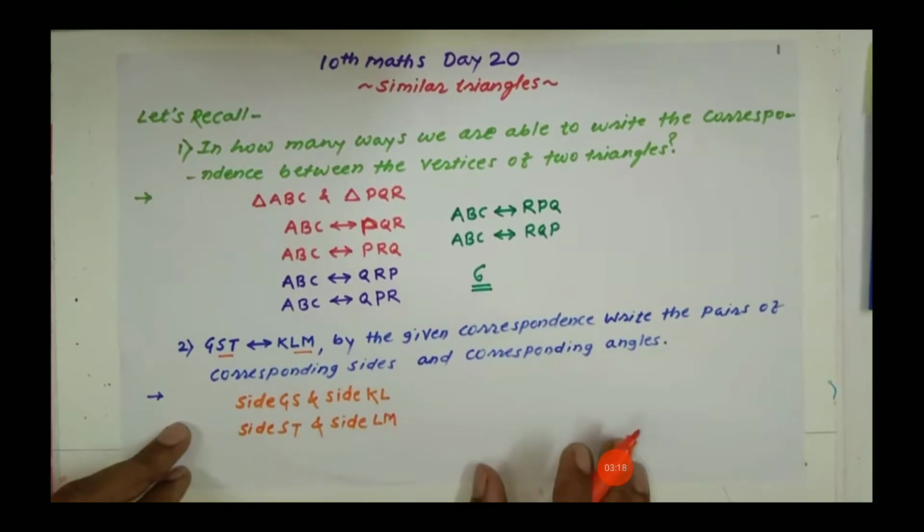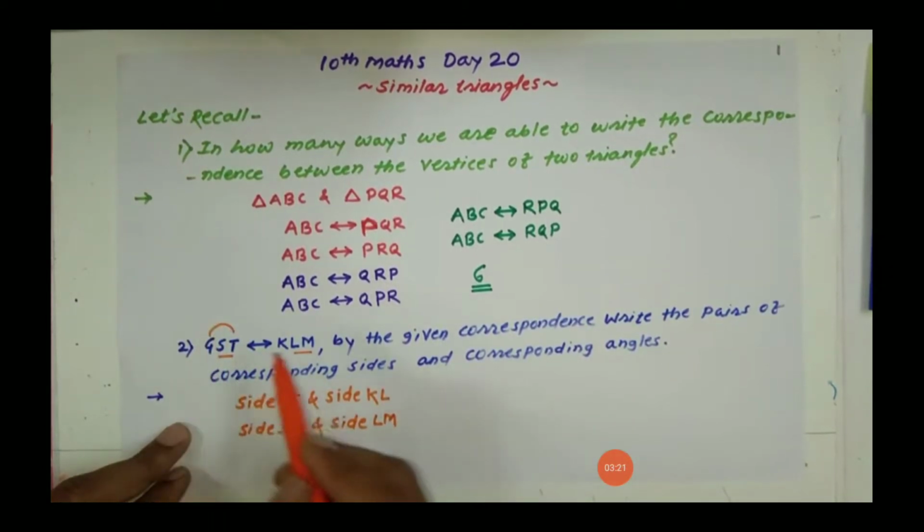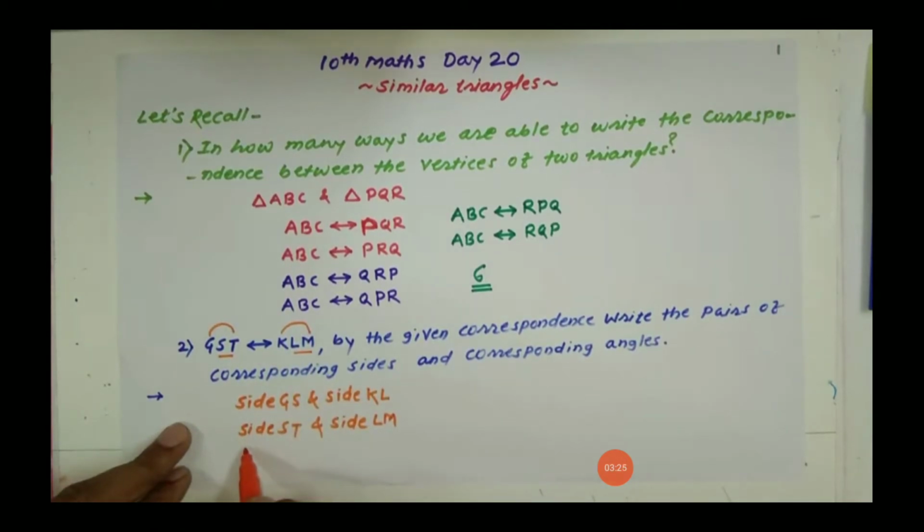Then next GT and KM. This one is the third, side GT and side KM. So these are the corresponding sides.